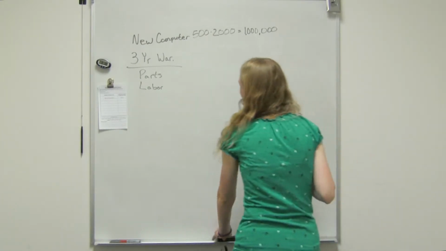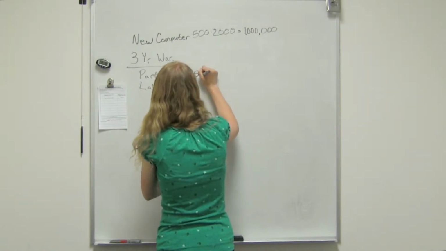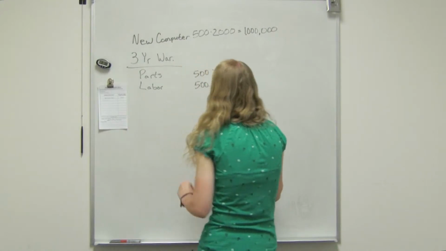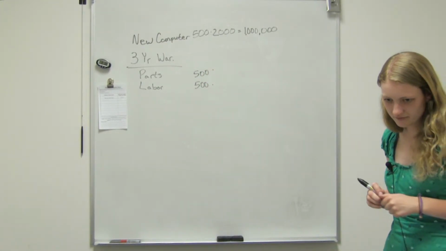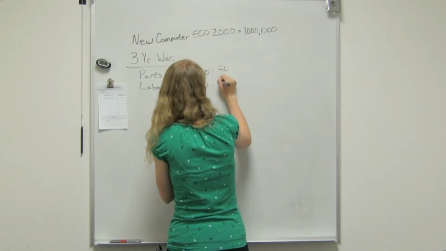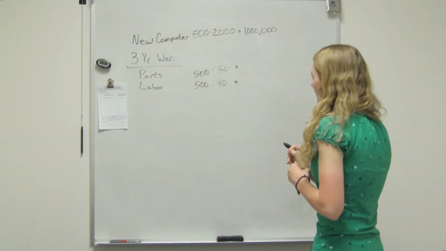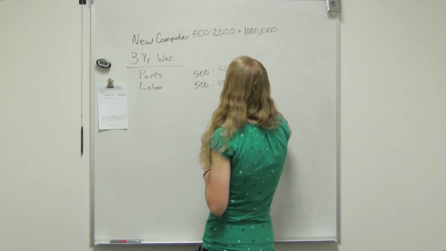Alright, and then parts. We're going to have 500 computers for both parts and labor. And then how much did it say? It said 50 for parts and 90 for labor. You're just putting it beside it, times, kind of a column.